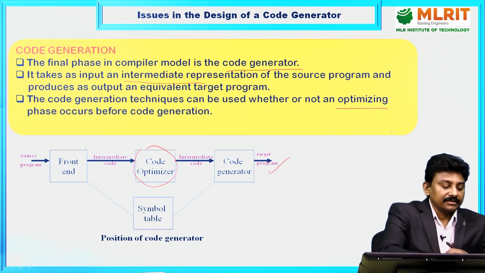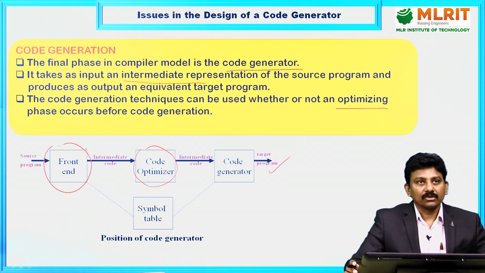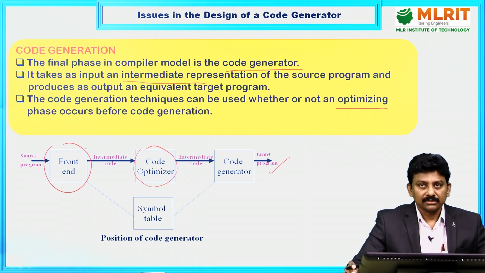Front end takes source program, a high level language program, as input and gives the intermediate code as output. For that intermediate code, we can apply optimization techniques to improve the code. So, code optimizer is here optional. After that, we can give this intermediate code as input to the code generator.